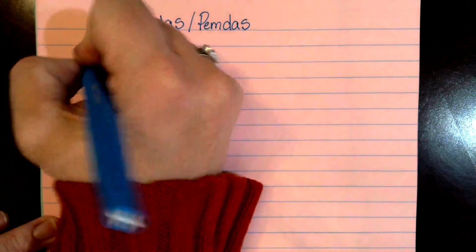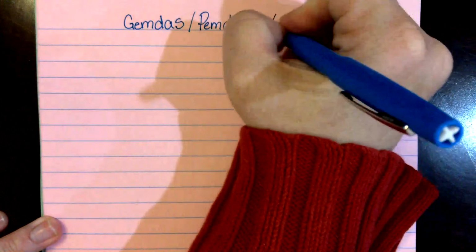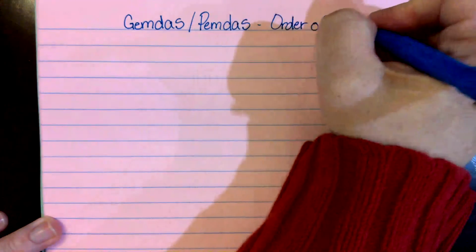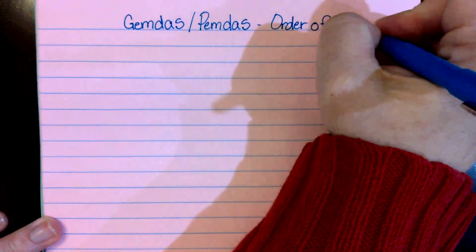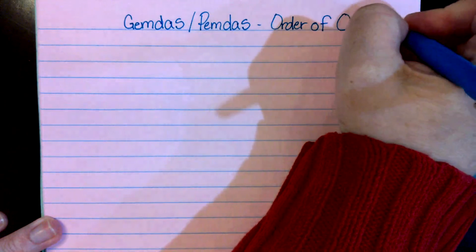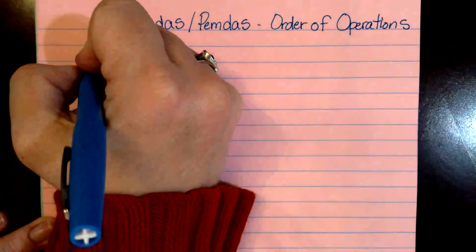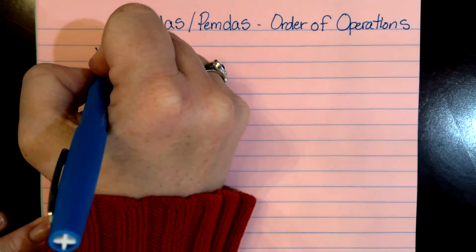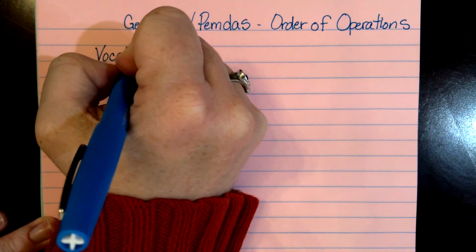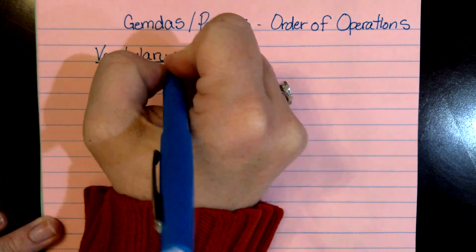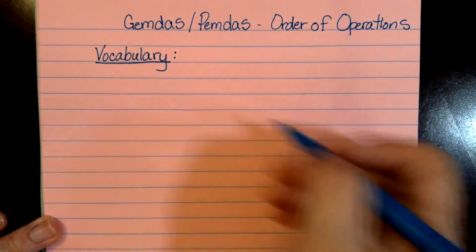So let's start first. Let me write on here, order of operations. And let's start with the vocabulary. So we're going to start with the vocabulary word.